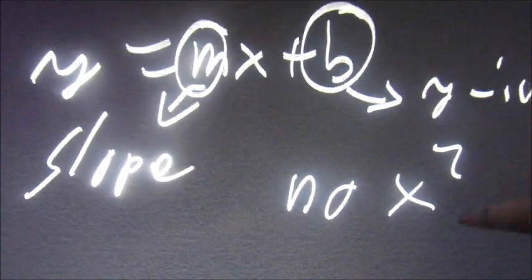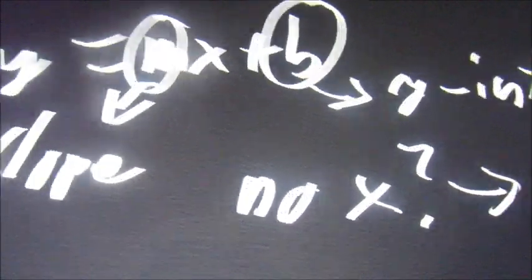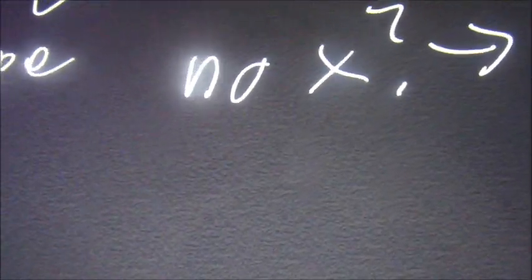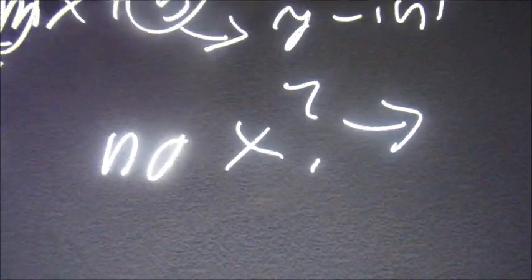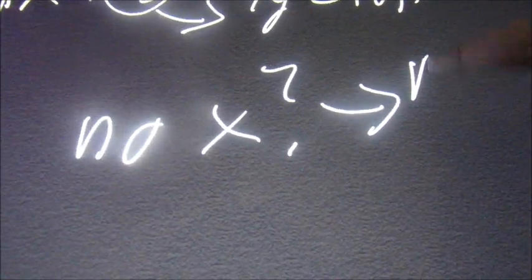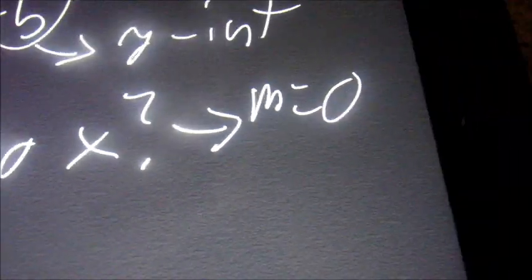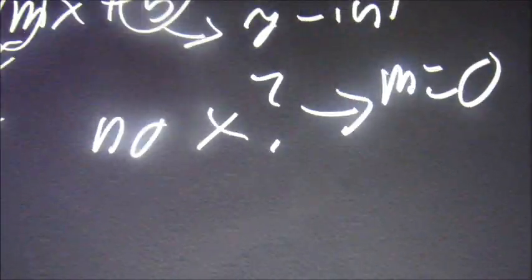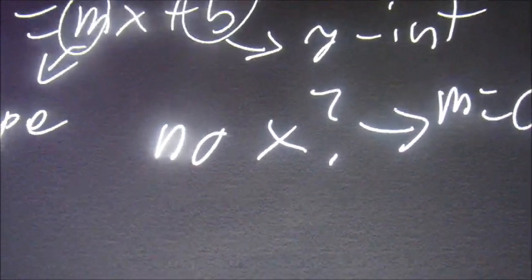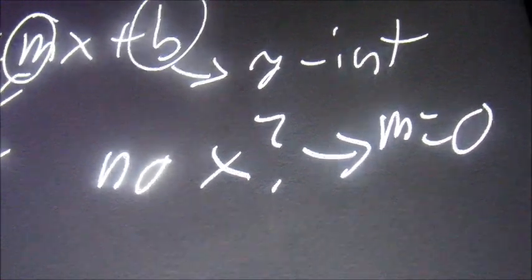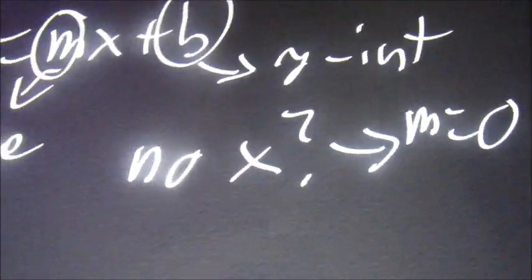Okay, so let's say though that we have an equation and there's no x. If there's no x, how many x's do we have? That's right, 0. So slope equals 0. And we said that before, where y equals anything, it's a horizontal line, and the slope is 0.